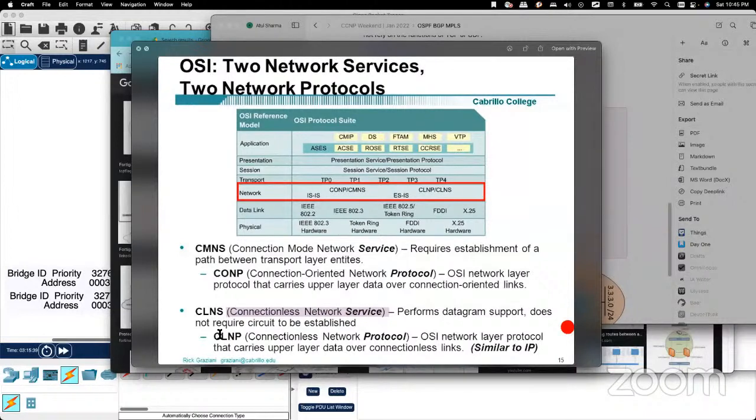Under this there is another protocol, CLNP, Connectionless Network Protocol, and this is similar to IP. Right now we use IPv4, IPv6, right? So before that we had a protocol which was CLNP. Okay, connectionless network layer protocol, sorry.